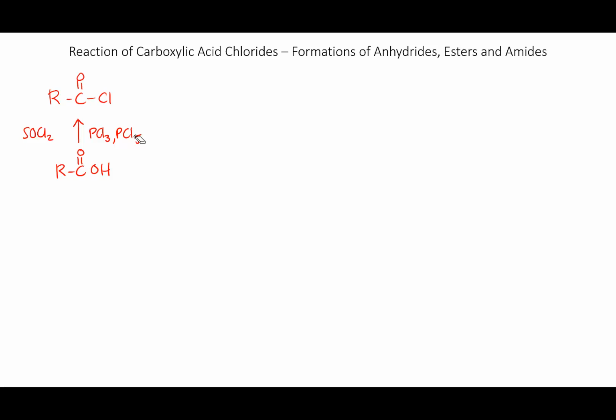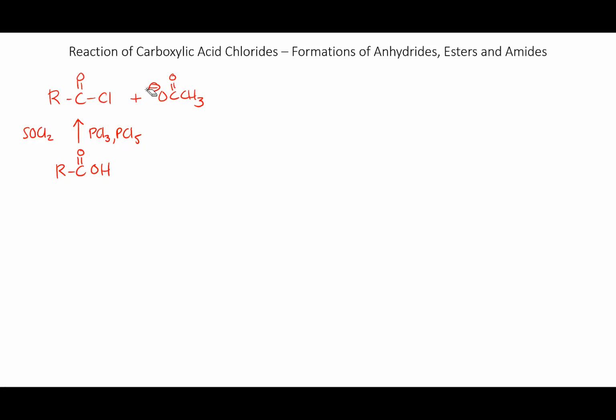But once we have that acid chloride, we can react it with a number of either neutral molecules or anions. So let me just show you as an example. Let's say we reacted this with a carboxylate, because this is a relatively straightforward short step mechanism.